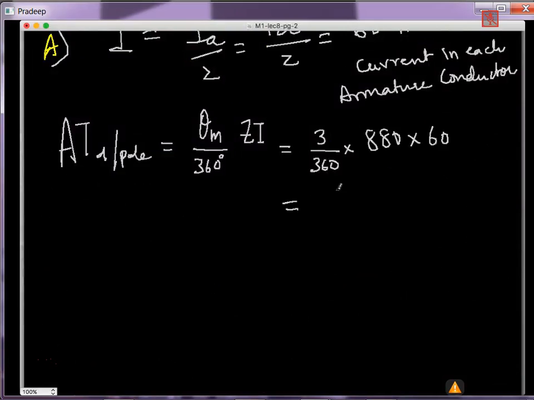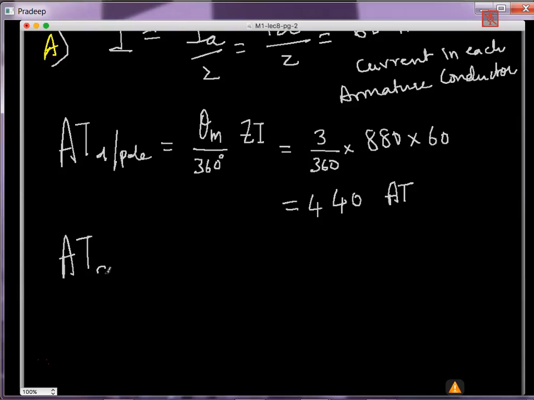This will give me a number of something like 440 ampere turns. So like this, I get the ampere turns causing demagnetization.